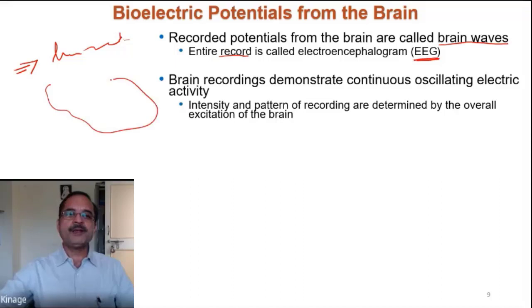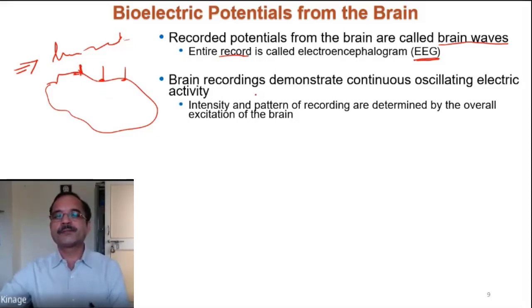For example, this is our brain, and you are connecting the electrodes at this point, at this point, at this point. So whatever electrical activity it is measuring, it is the overall pattern of the brain, not only at that particular point. That is the meaning of this.